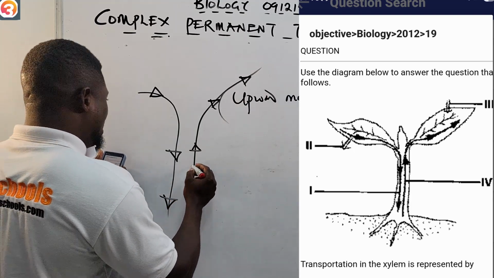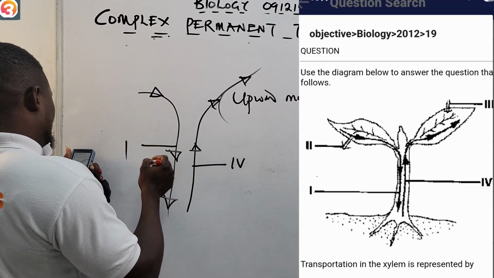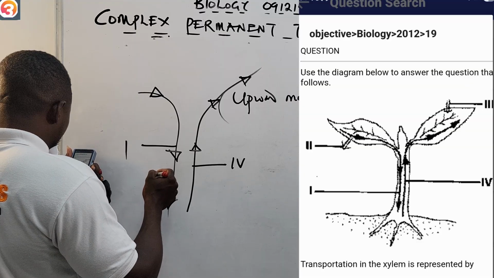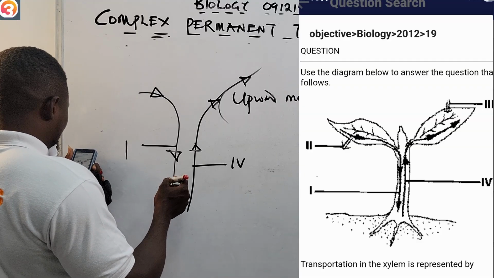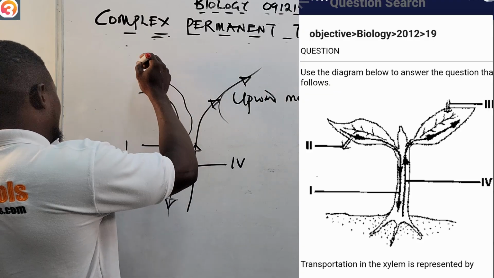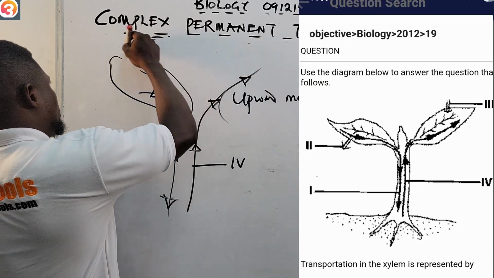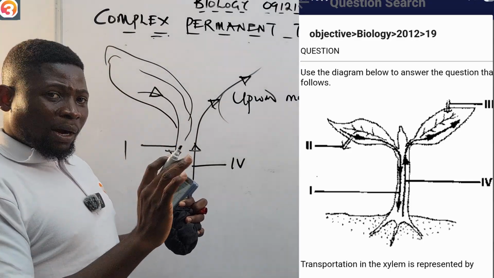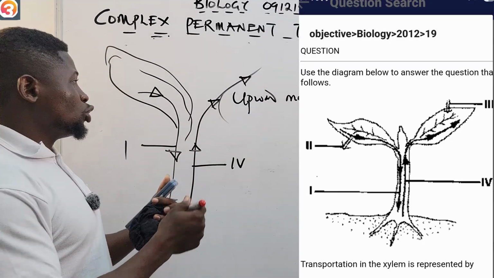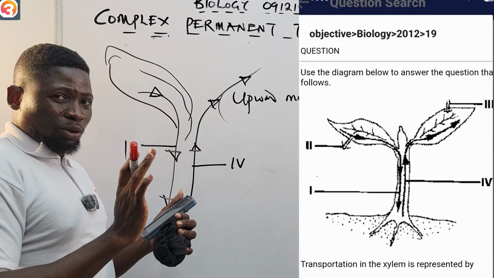This one is labeled IV. All these are leaves that they drew. Obviously, two arrows are there for direction, to show the direction of transportation in the xylem.